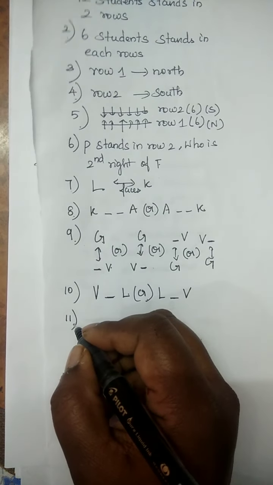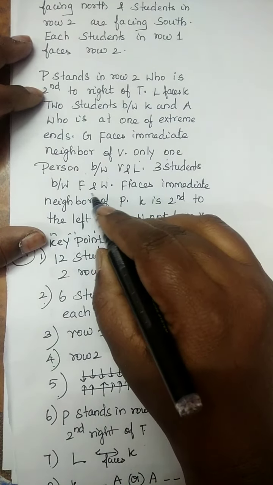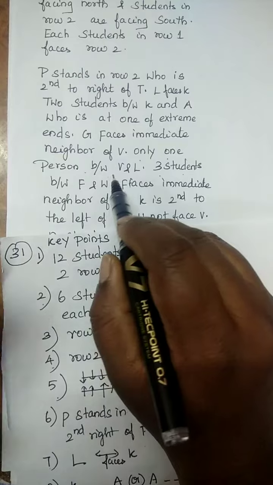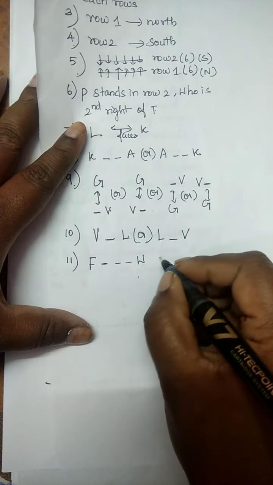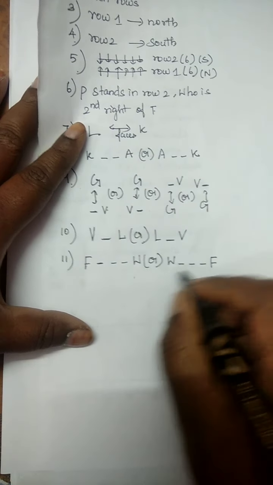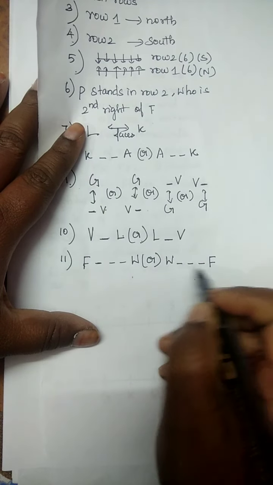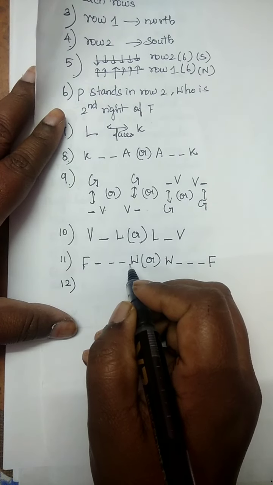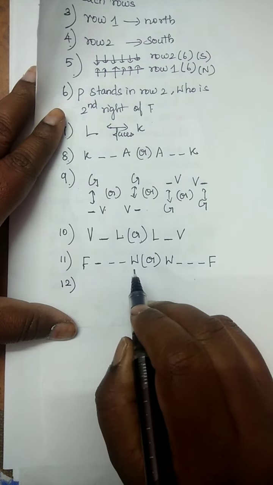And then the 11th clue is 3 students between F and W. There are 2 options, F here, or they can replace W and F. Can you understand? 3 persons between F and W, but we don't know the W position and F position, in row 1 or row 2.